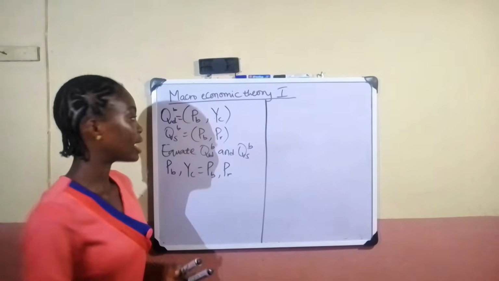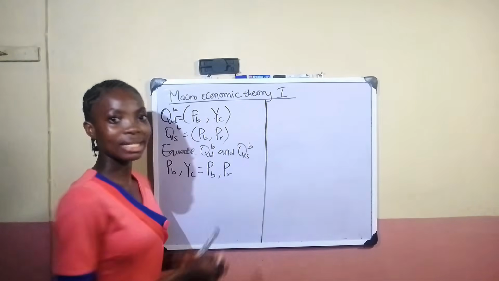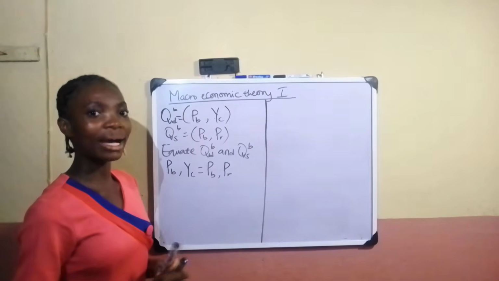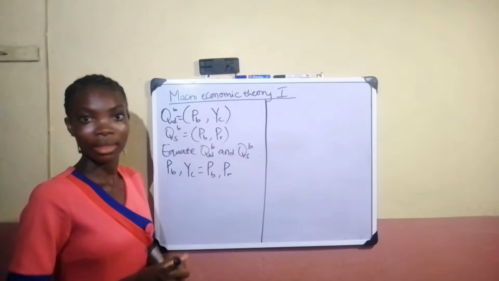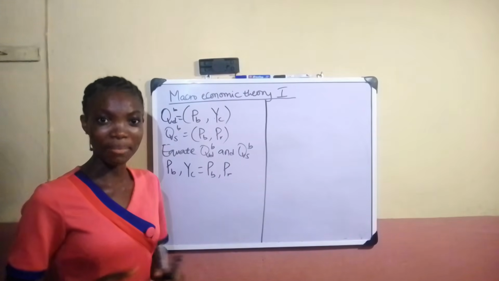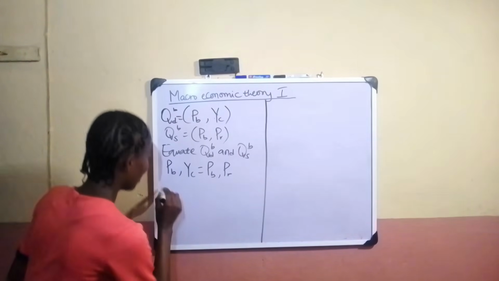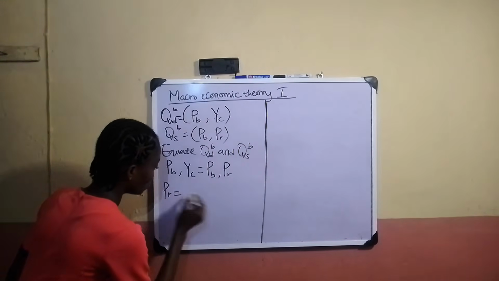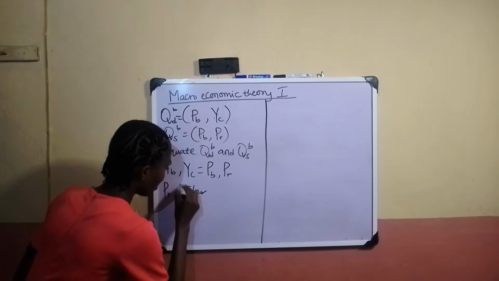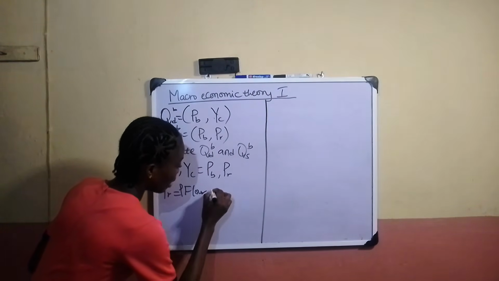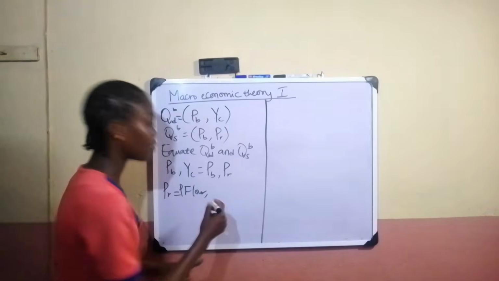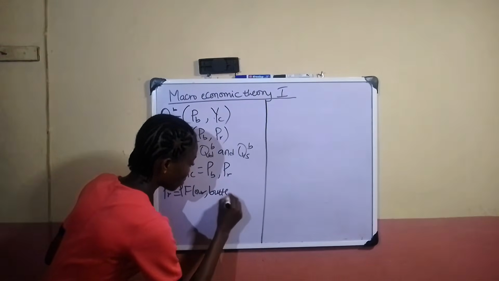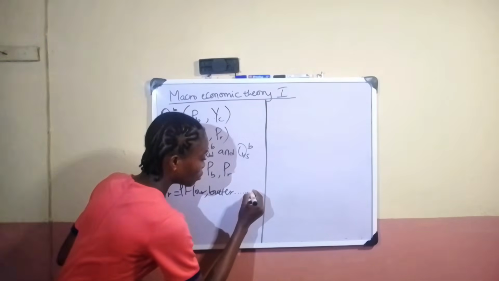Remember that the PR here represents the price of raw materials. And remember that the raw materials here, they are not one, neither are there two, there are many. Here we have the price of flour, the price of butter, and other raw materials.